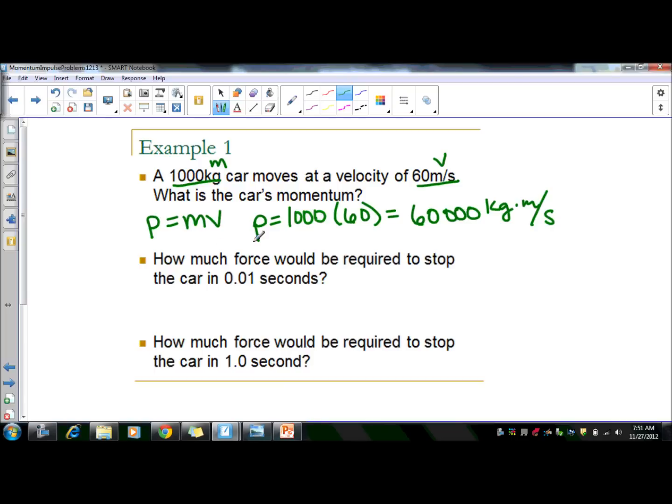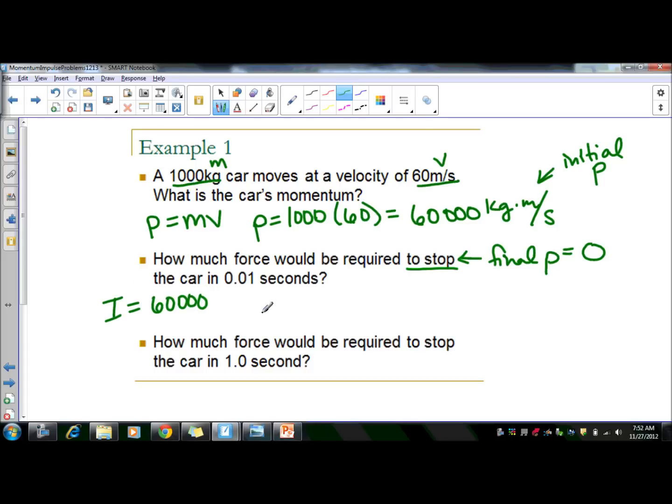So now it says how much force would be required to stop the car in 0.01 seconds. So this is our initial momentum. Stopping is our final momentum. So final momentum is 0. If it's stopped, then our velocity is 0. So if we go from 60,000 to 0, then our change in momentum, or our impulse, is going to be 60,000.